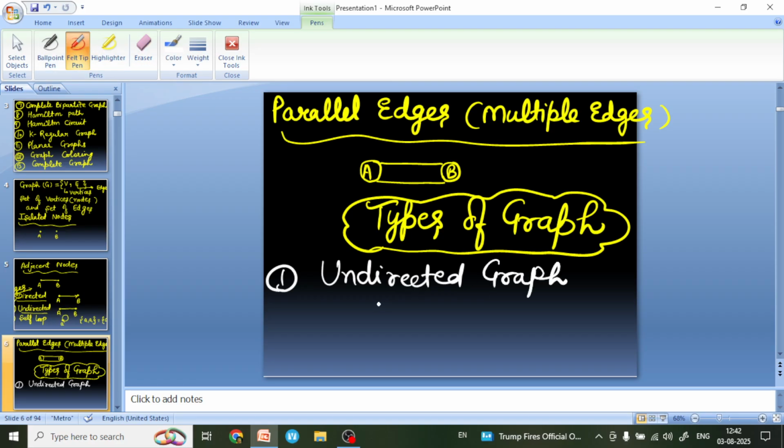A graph in which every edge is undirected is known as an undirected graph. Example A, B and C. When we draw edges joining these vertices without any direction, that is known as an undirected graph.